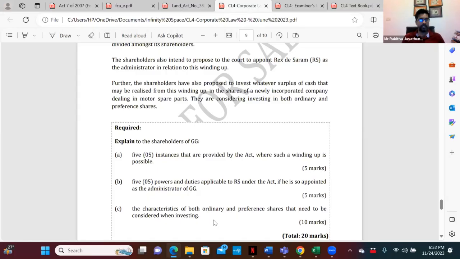I'm a member of ACCA. I believe that you have heard about it. So that's another accountancy qualification. So I know when it comes to any accountancy qualification, when it comes to any paper, the secret of getting through any paper is that you have to answer according to what your examiner expects from you.